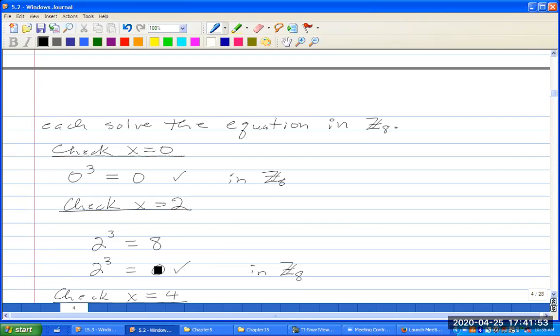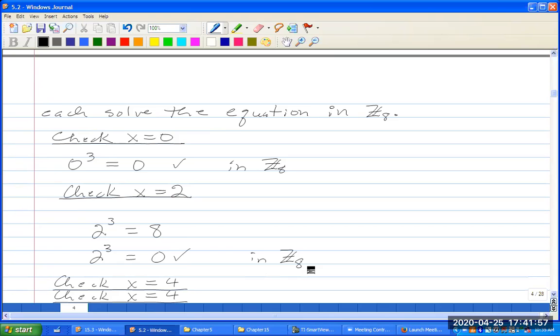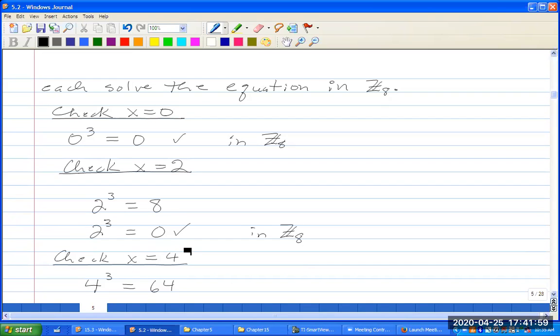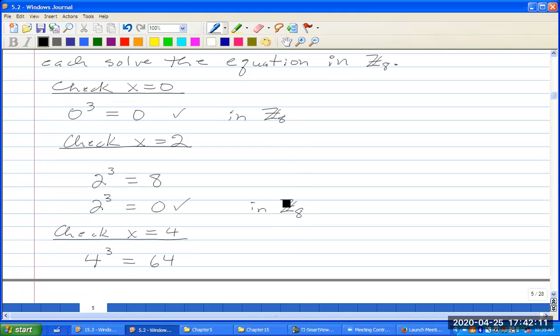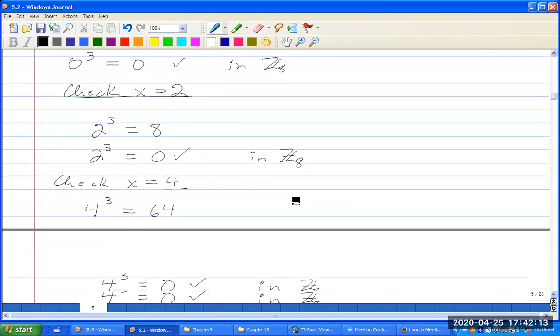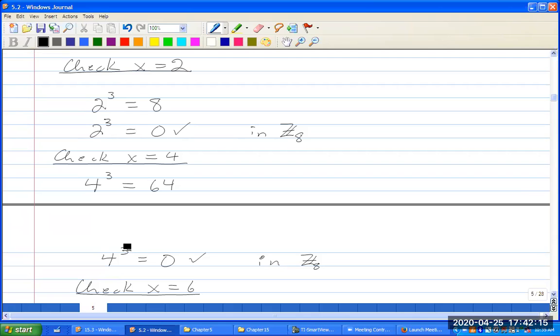So 2 cubed is 0 in Z8. Let's do x equaling 4. Well, 4 cubed is 64. 64 divided by 8 is just 8 with the remainder 0. These are all powers of 8. So 4 cubed is 0 in Z8.